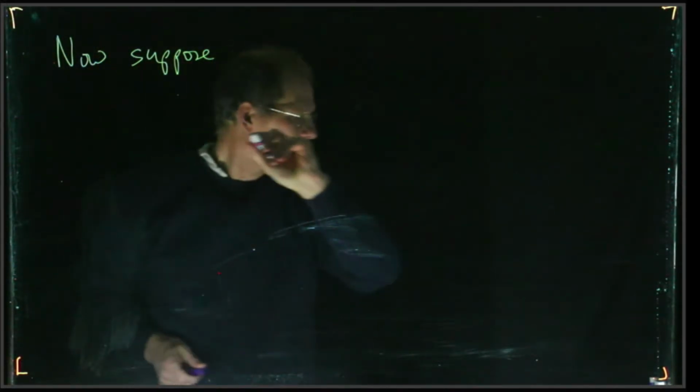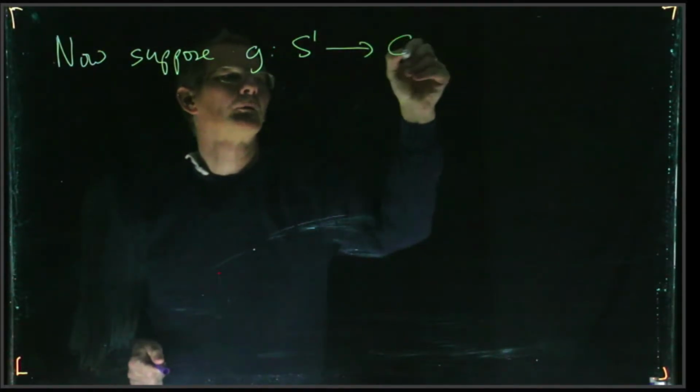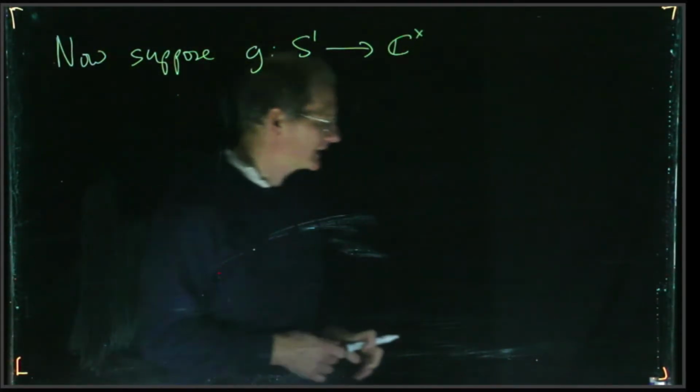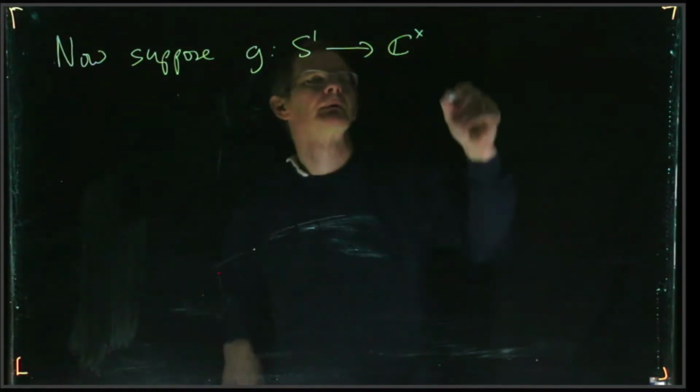So now let's consider a map G from S1 to the non-zero complex numbers, which isn't just equal to the Fm that we just considered, but is reasonably close to it.